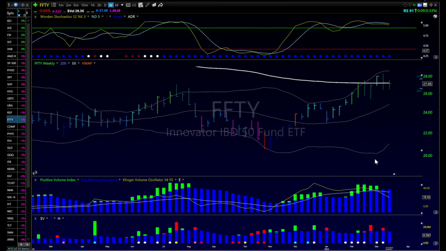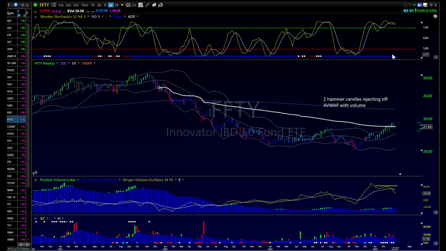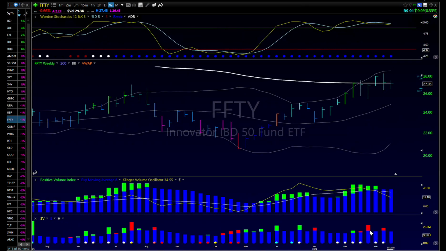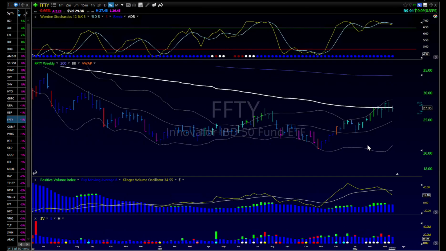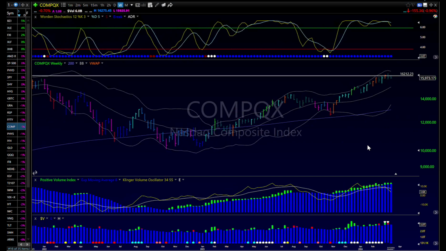Checking off anchor VWAP. Again, you have this lower high here, while price is trying to make a higher high. And you have selling right there. Does not look positive. The NASDAQ, that is struggling to hold the all-time highs.